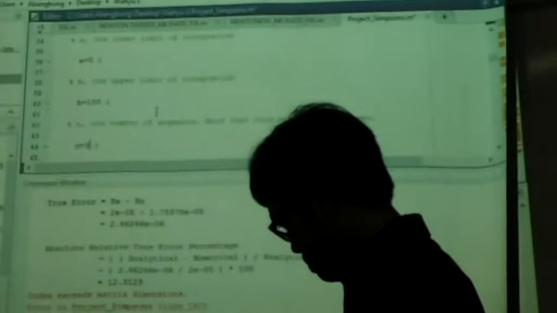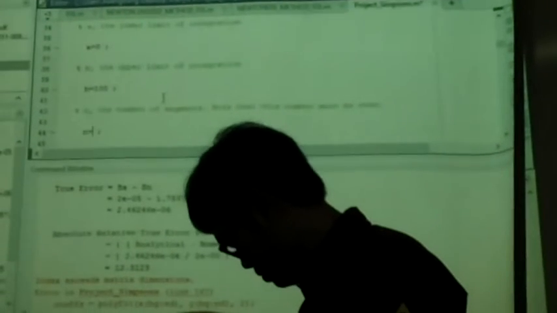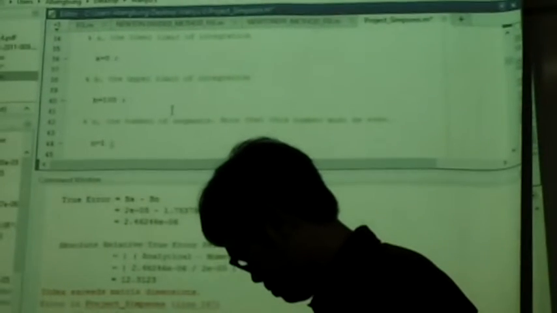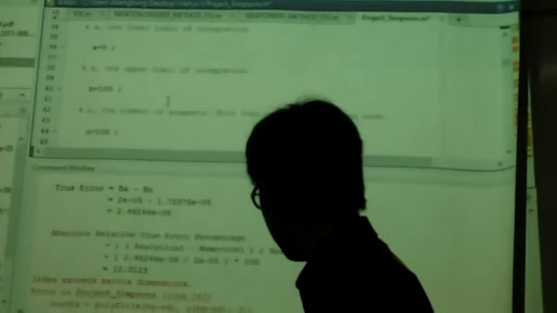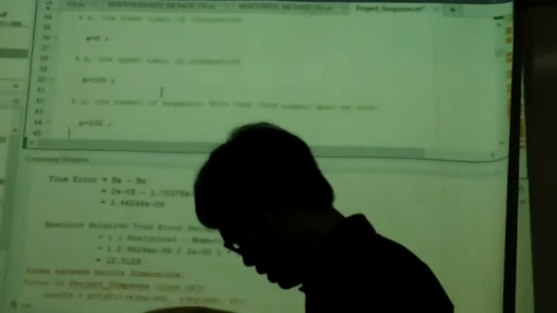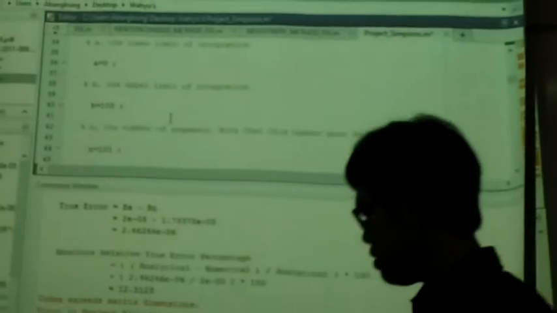And we will use 100 segments of the integration, because this uses Simpson, so the number of segments must be given.